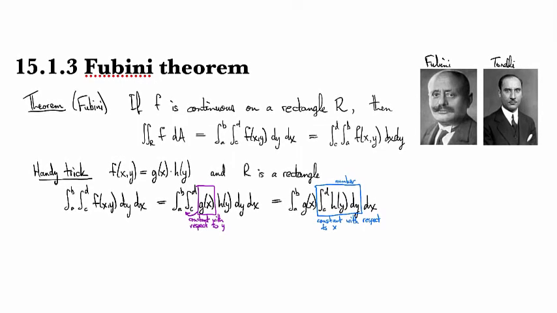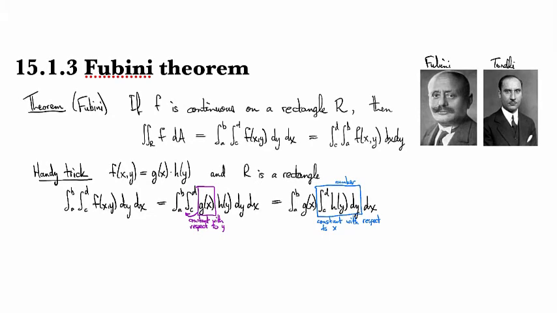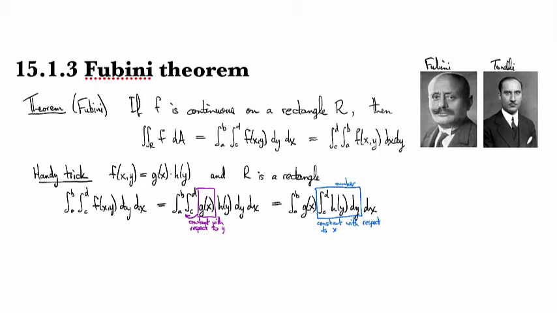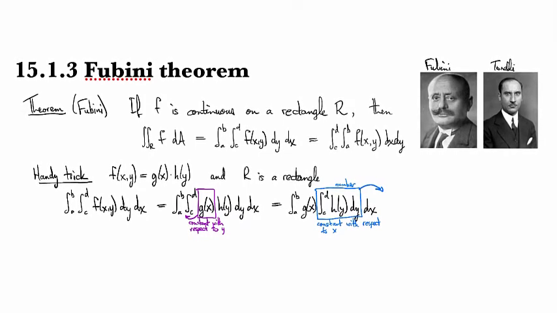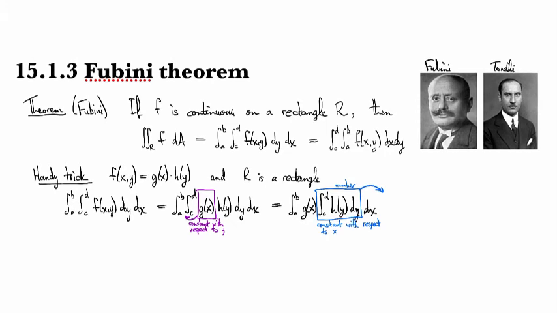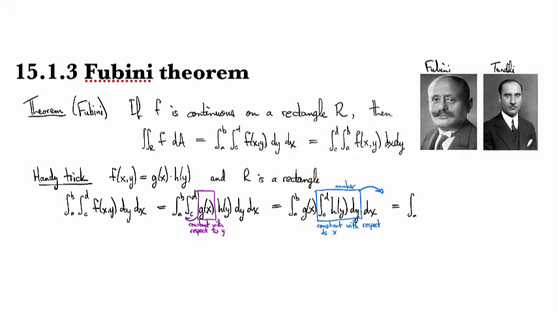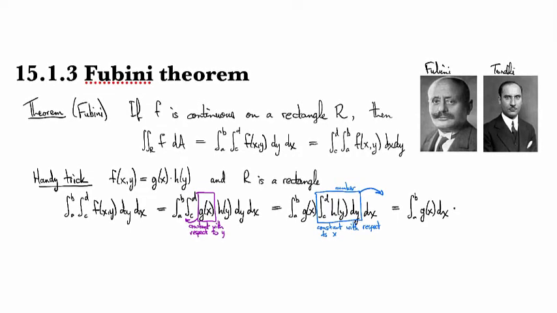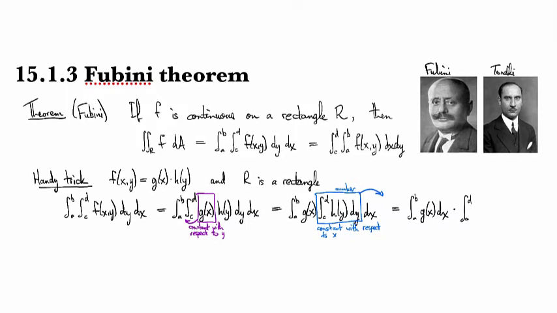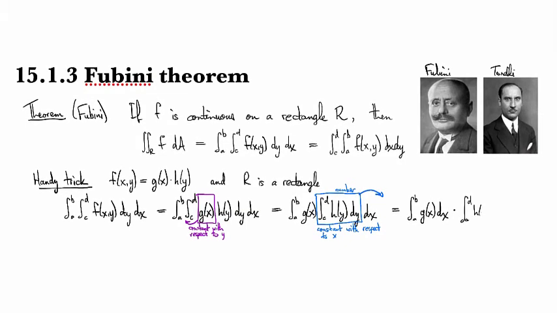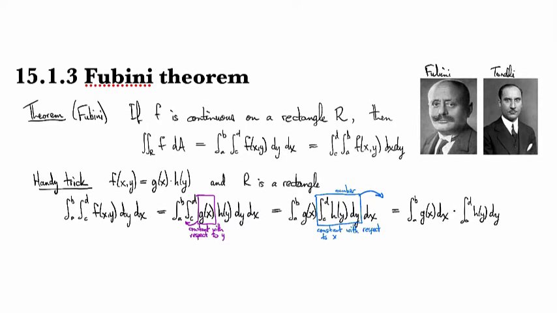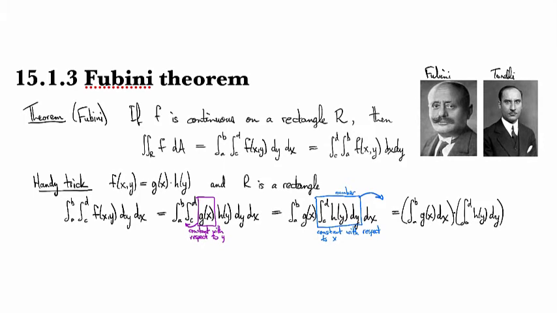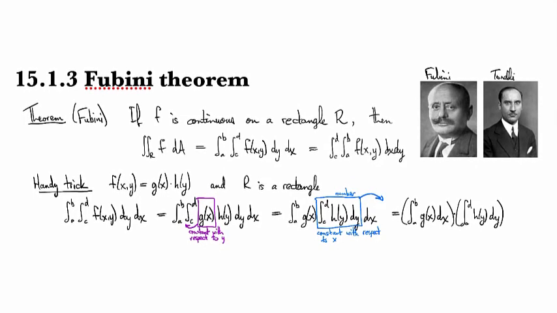There's no x's in there to vary, so as x varies, it doesn't change. So we can do it again, and we can pull that constant out of the integral. Then it becomes the integral from a to b of g of x dx times the integral from c to d of h of y dy. And so it ends up just being a product of two separately evaluated single variable integrals.